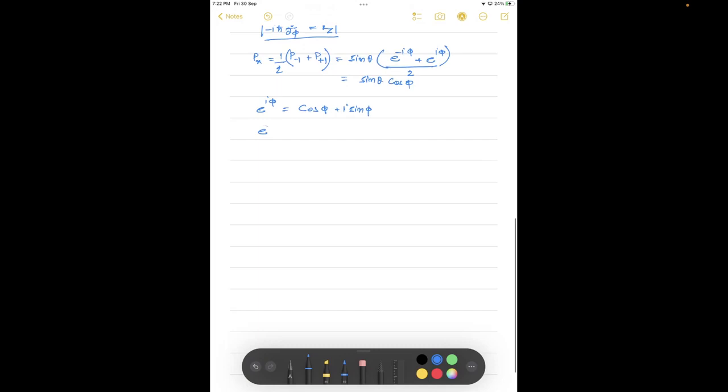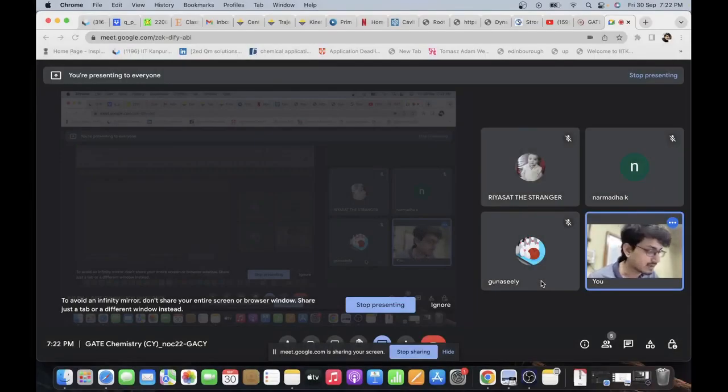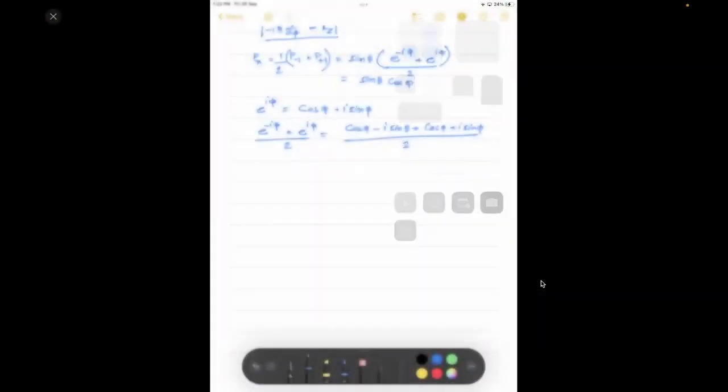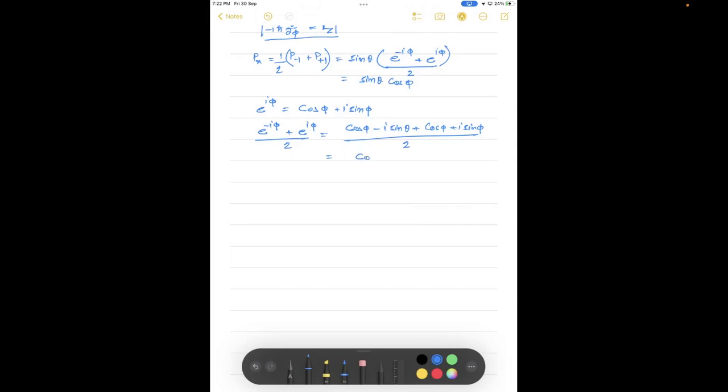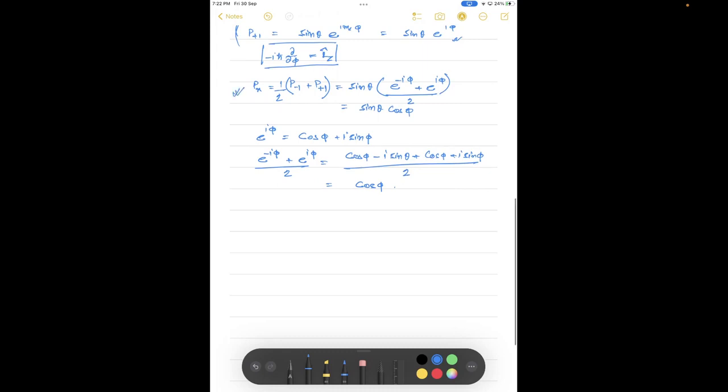So if you take e to the power minus i phi plus e to the power i phi divided by 2, it will be cos phi minus i sin phi plus cos phi plus i sin phi, divided by 2, which will be equal to cos phi. So px is the plus combination of the p minus 1 and p plus 1 wave functions, and the angular part is sin theta cos phi.